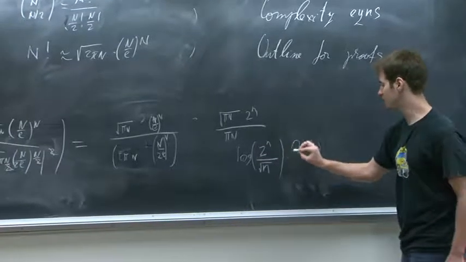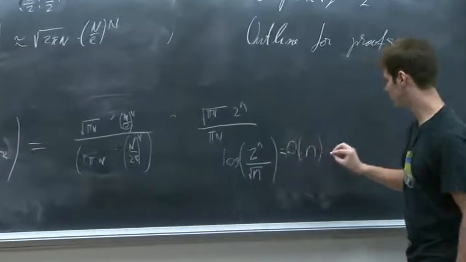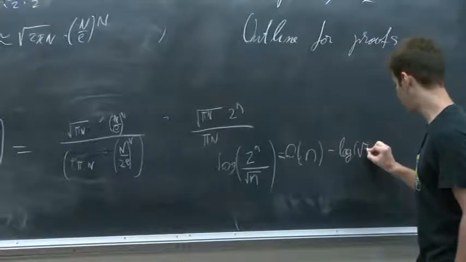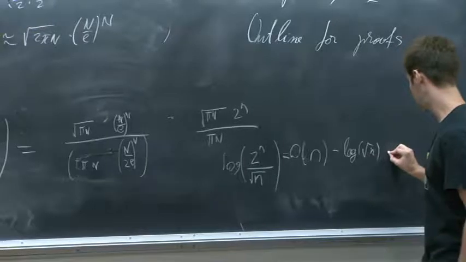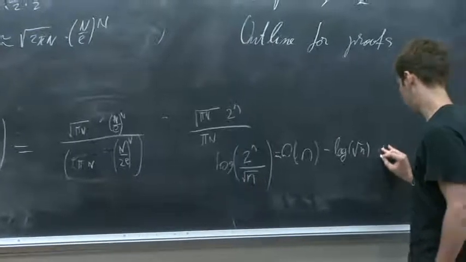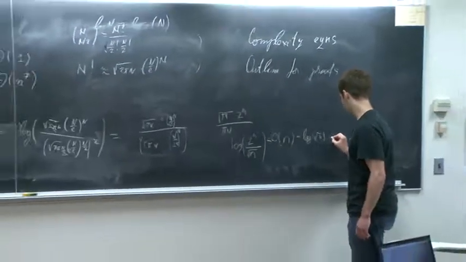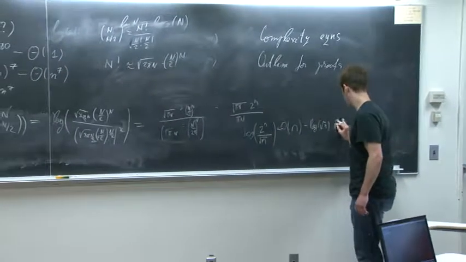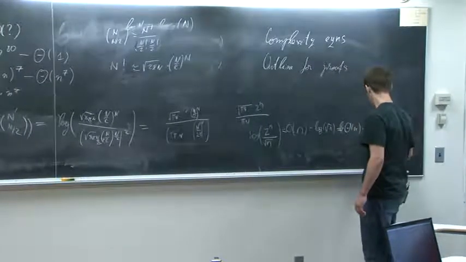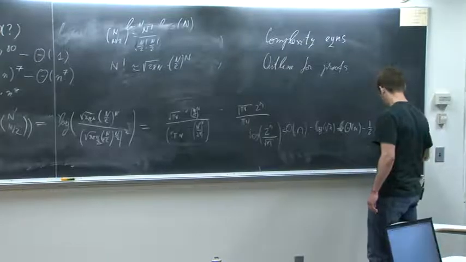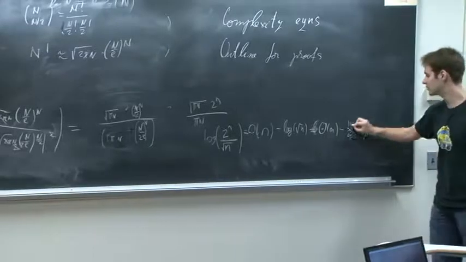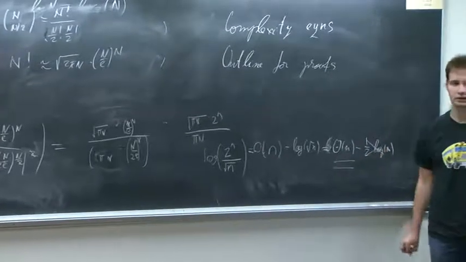So once you get here, you get order n minus log of square root of n, which is order n minus 1/2 log n, and the log n is much smaller than n, so this goes away completely, and you get this as your final answer.